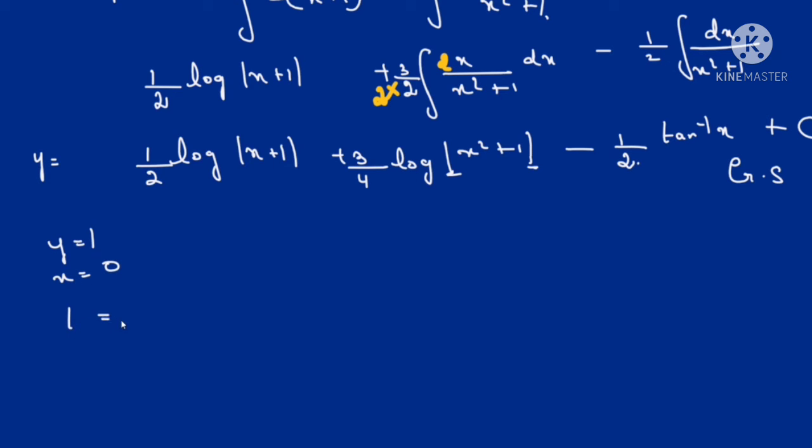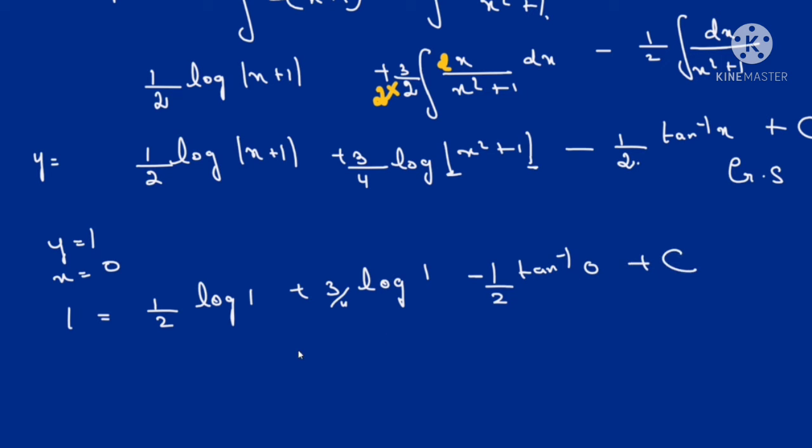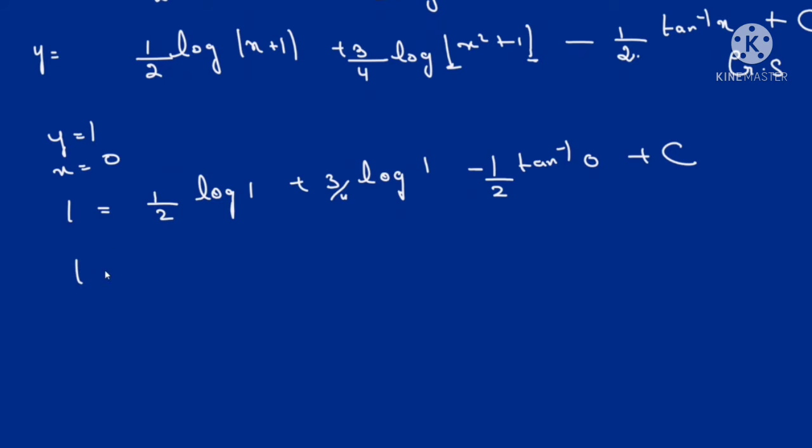So 1 equals half log of 0 plus 1, which is log 1, plus 3 by 4 log of 0 plus 1, which is log 1 again, minus 1 by 2 tan inverse 0, plus c. Log 1 is 0, tan inverse 0 is also 0. So we get 1 equals all these zeros plus c. So c is 1.